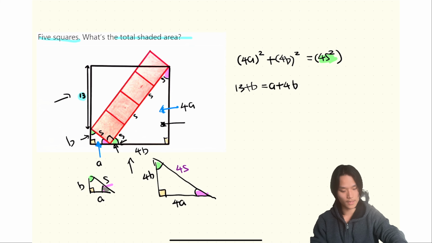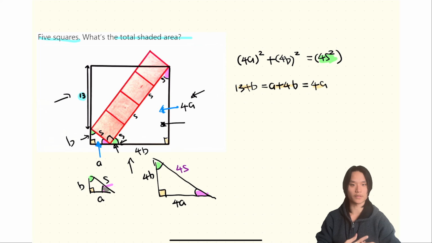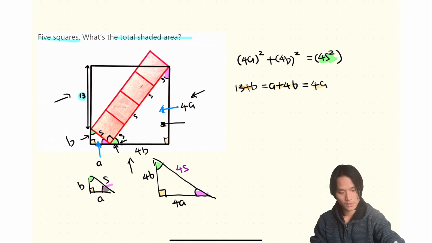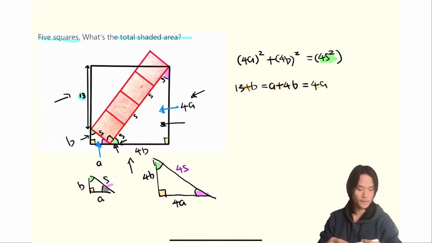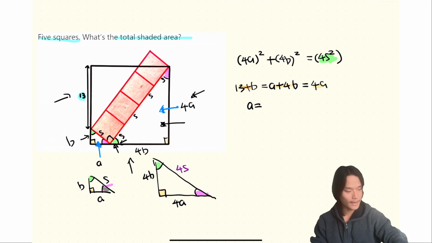And we can also say they are equal to 4a, because all three of these are different expressions for the size of the square that we're given. So this is a system of three equations in two unknowns. You can go ahead and try and solve that. In order to save time, I'll give you that a we find to be 4 and b is 3.